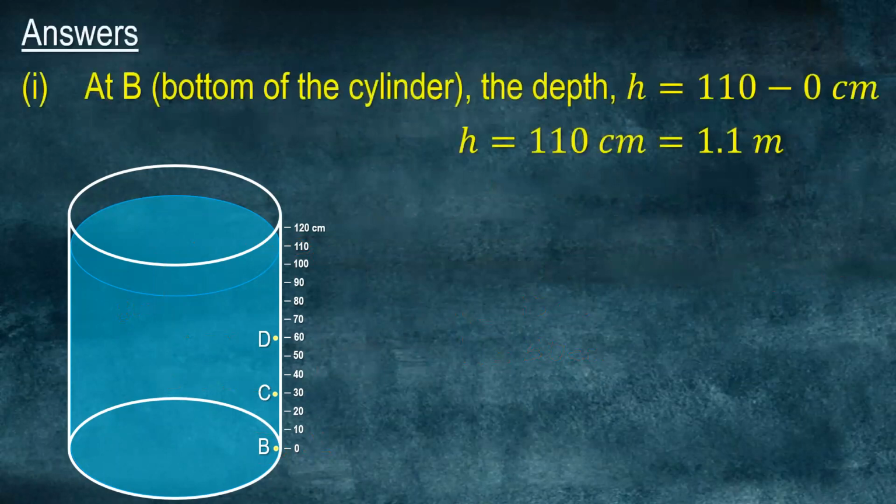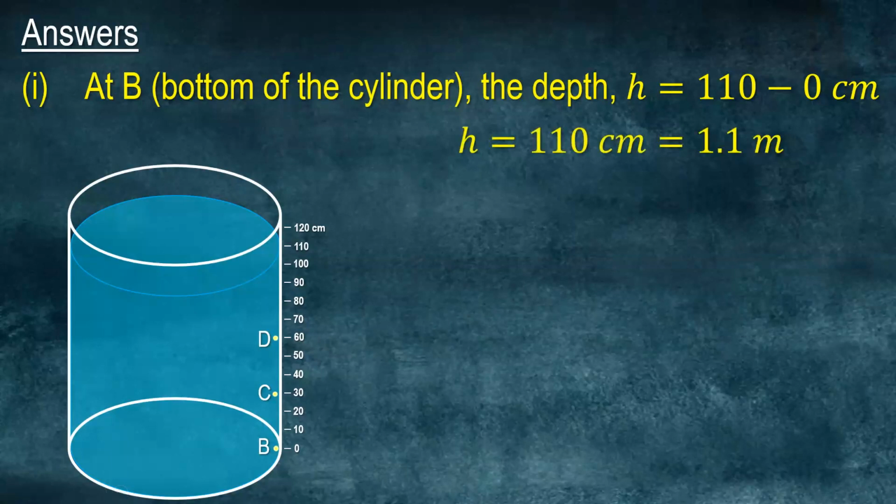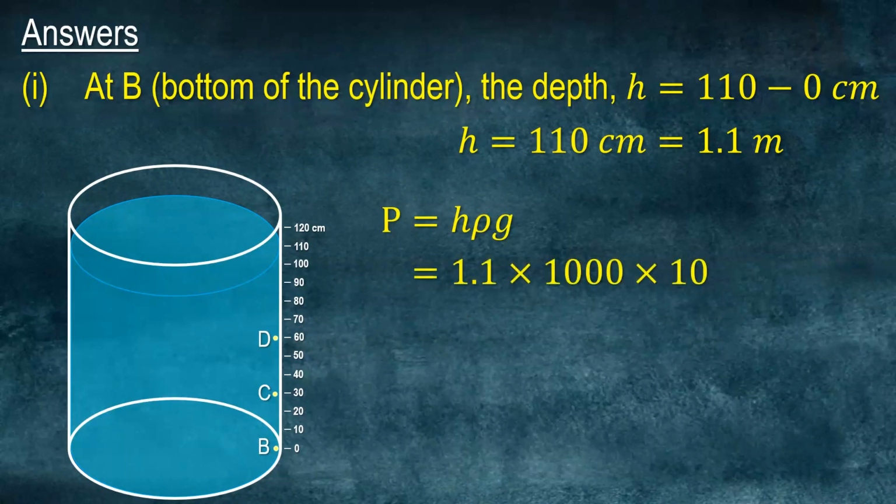Okay, for Roman 1, the depth is 110 centimeters, which if you convert to meters by dividing by 100, will give you 1.1. And then now pressure is going to be H rho G. The H is 1.1 times 1,000, which is the density of water, times G, which is 10. So we're going to end up with 11,000 pascals for Roman 1.